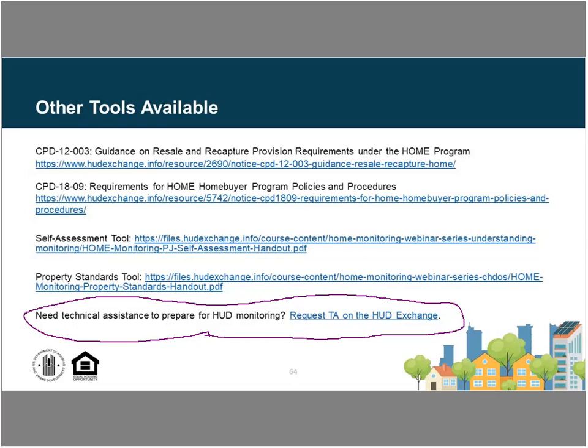So if you choose to change the method that you're using, you'll need to go through that process and get HUD approval in order to change it. There is an older notice, CPD 12-03, that goes into resale recapture and what's required in each of the elements. I know it's one of those things that HUD intends to update, but that's the guidance for us right now in looking at those methods.